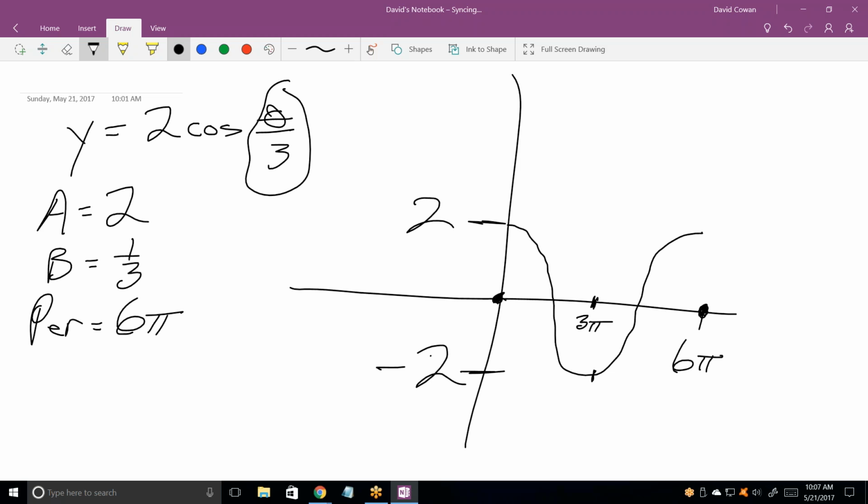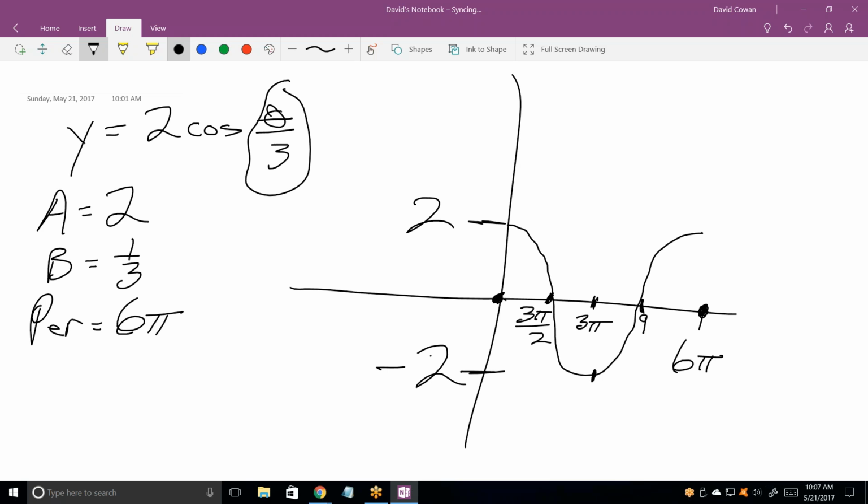that comes when the cosine hits its lowest value, -2. And then the other quarter points, that's the halfway point between those 2 points, which is add the 2 points, divide by 2. So that's 3 pi over 2. Over here, I'm going to add 3 pi to 6 pi and divide by 2.